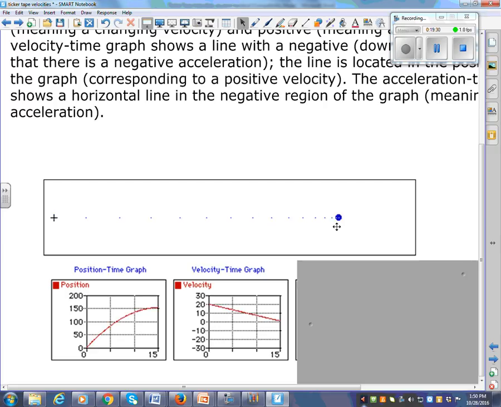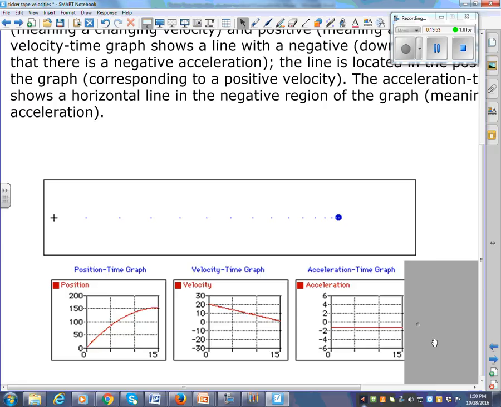Yeah? Okay. The acceleration one for this actually is not too bad. Let's talk it through. The acceleration is a graph of the slope of the velocity time graph. So is the slope constant here? It is. Is it positive or negative? It's negative. So we need a graph that shows a constant value in the negative region.